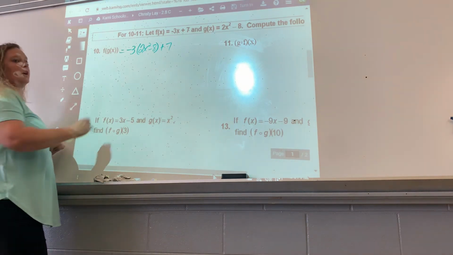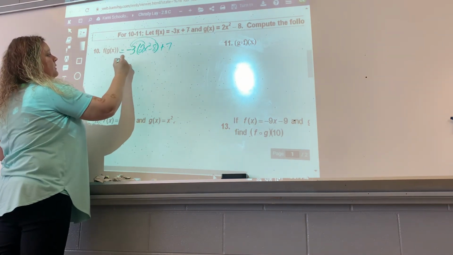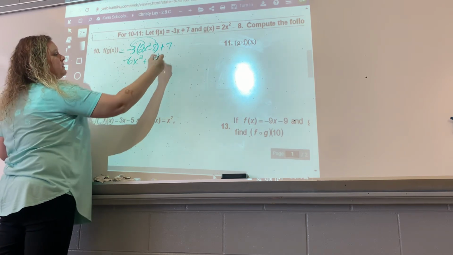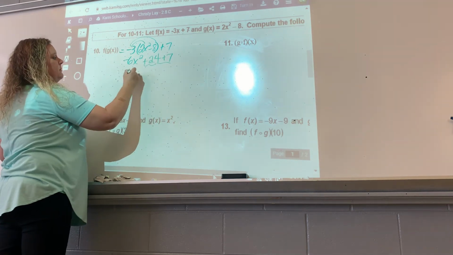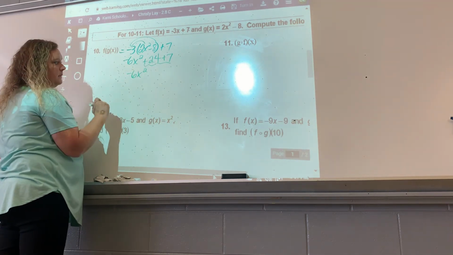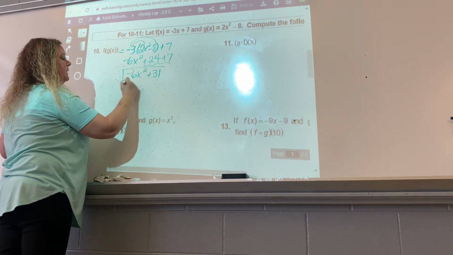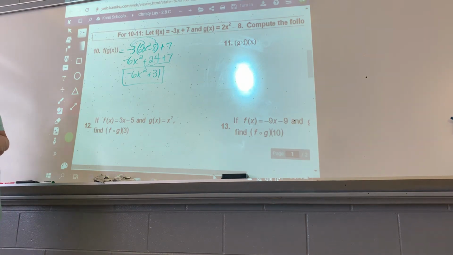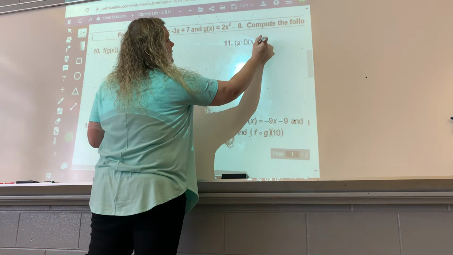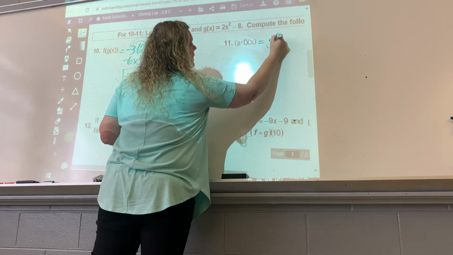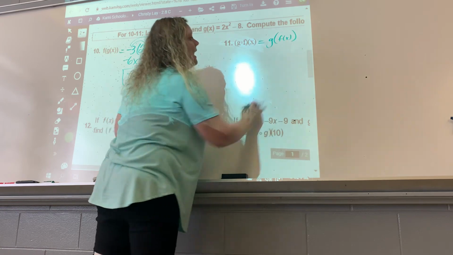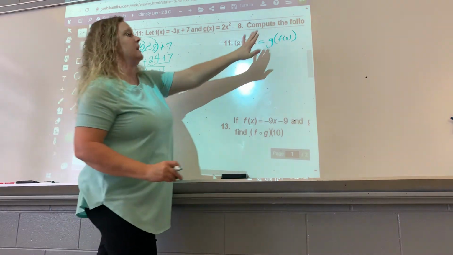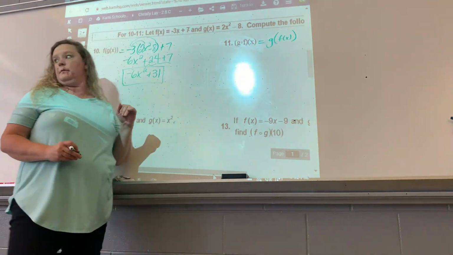Just like before, we're going to distribute. So -6x squared, a negative times a negative is a positive. 8 times 3 is 24, plus 7. These will combine and be 31, so plus 31. -6x squared plus 31. And this means the same thing. Okay, that would be equal to g of f of x. So it's backwards of what we just did, huh? We just took g and plugged it into f. This time we're going to take f and plug it into g. Okay?